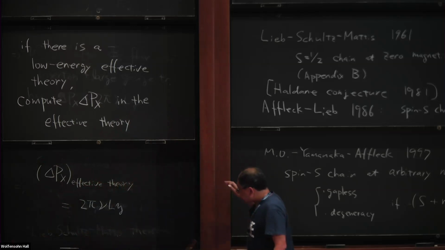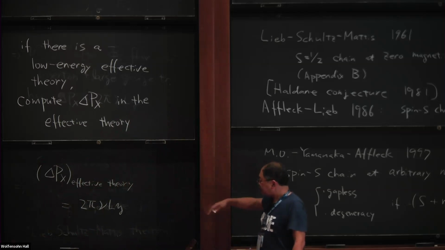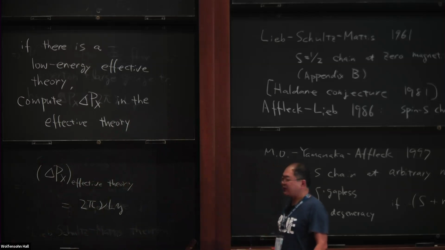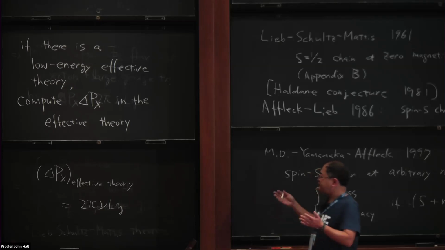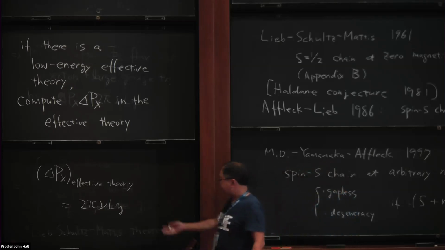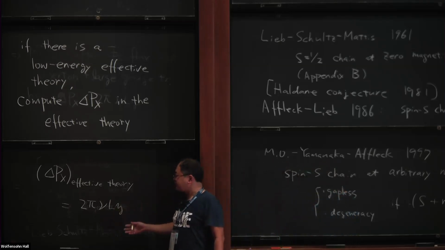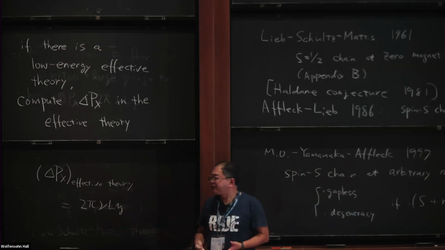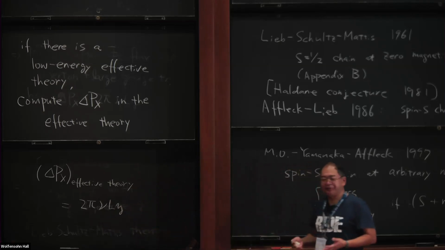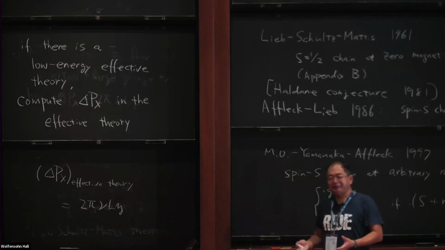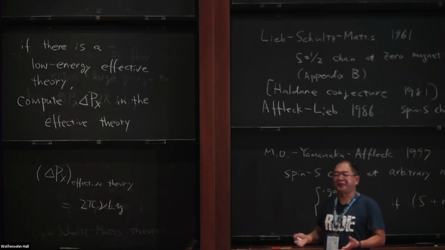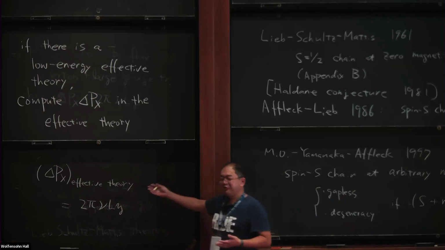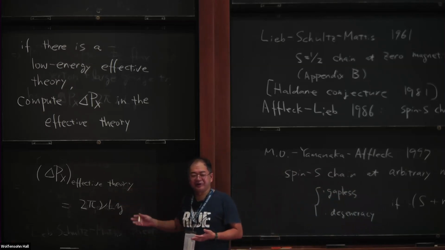And so this gives you some constraint, because if you make some mistake, then you cannot reproduce this. Or if you thought you have an effective theory for your system, but that effective theory was wrong, then you cannot reproduce this result.